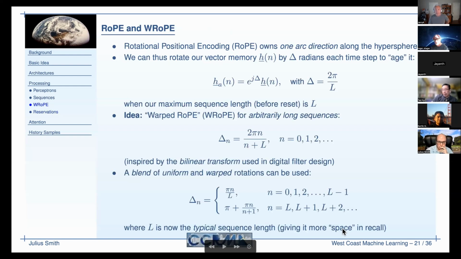I understand how basically you're chopping up one full circle into bits so that you can represent the different positions. The one thing though that warped rope and the bottom one might not do as well is that your model actually wants to be able to do position arithmetic.